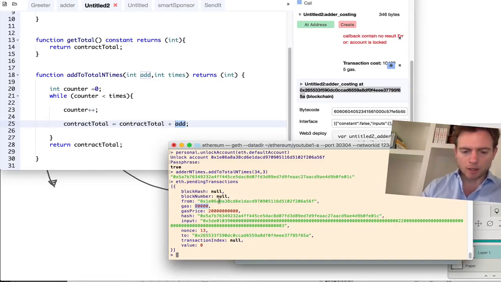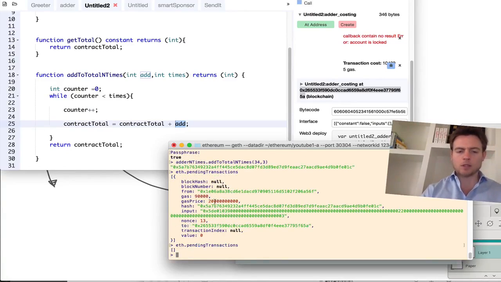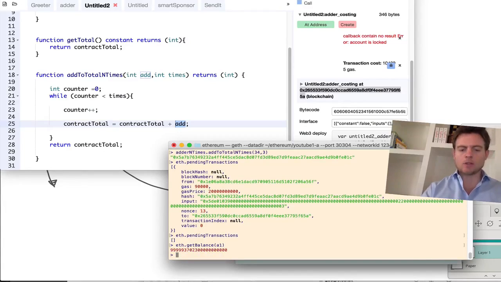Let's find out how much gas has actually been used by this method call, right? To do that, we have to check the balance after this transaction has returned. The transaction is returned. So now if we do eth.getBalance, and it's A1, this is the new balance.